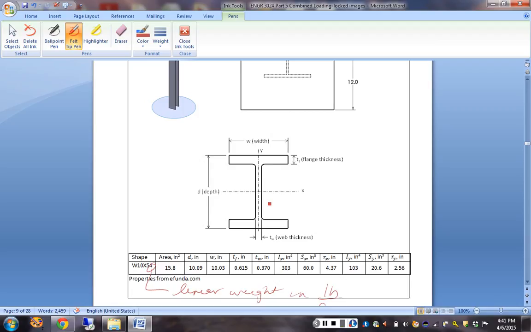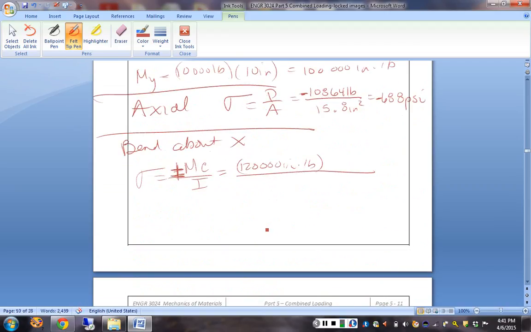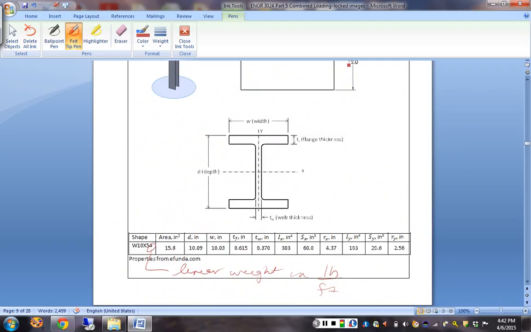I'm reading the wrong number. No, that's a fillet radius. It would be half of the D. Right. So we want 10.9, half of that guy. 5.05. So half of that guy, and I don't like math, so I'm just going to do that. And then the moment of inertia, we come back and we get it out of the same table. Which number do we want, Mr. Taylor?